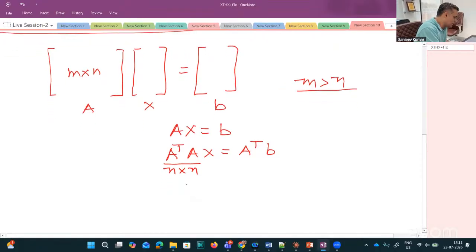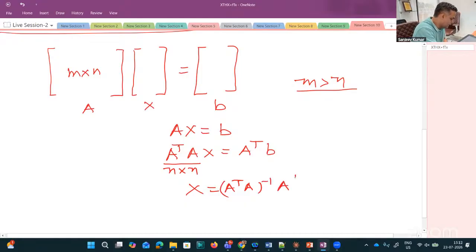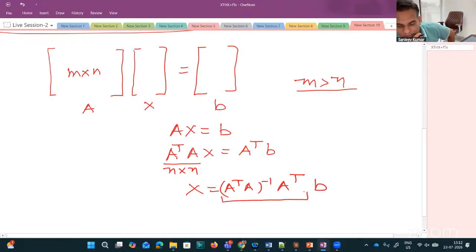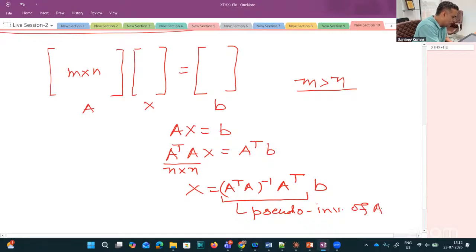Okay. And then the solution of this can be obtained by multiplying both sides by the inverse of A transpose A. So X equals (A transpose A) inverse A transpose B. Okay, and what is this called? It is called the pseudo inverse of A.